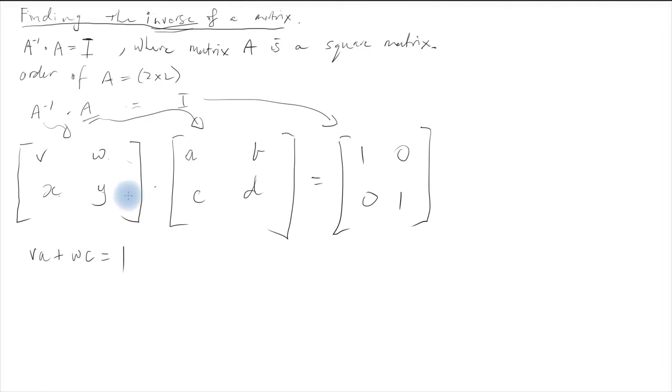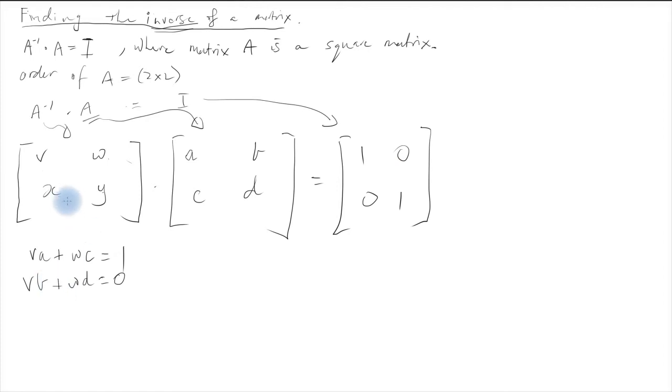Now to get this 0 here, it's going to be the first row times the second column. So that's V times B plus W times D, and that has to equal 0 because that's 0.